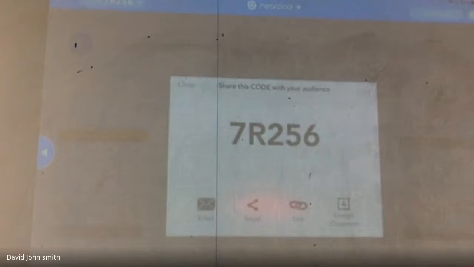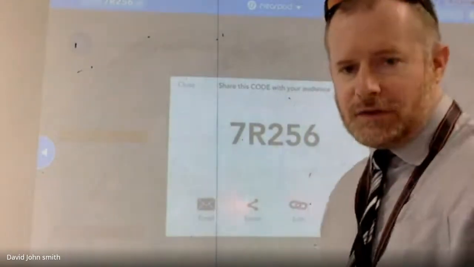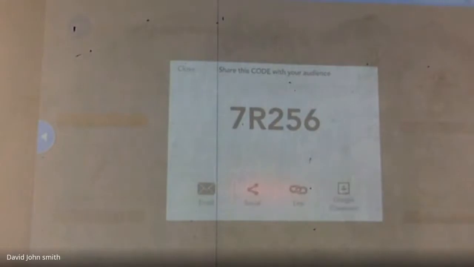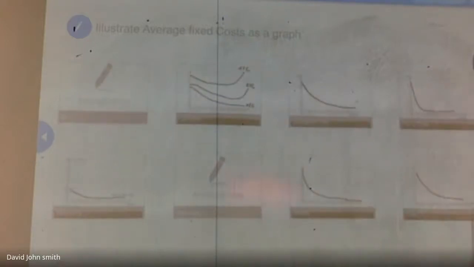Right, so now where we last left off, we were talking about what they look like as curves, okay? And you were asked to illustrate the average fixed cost curve as a graph. A number of you worked out how to do that.